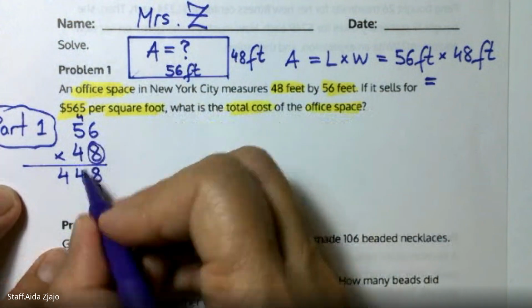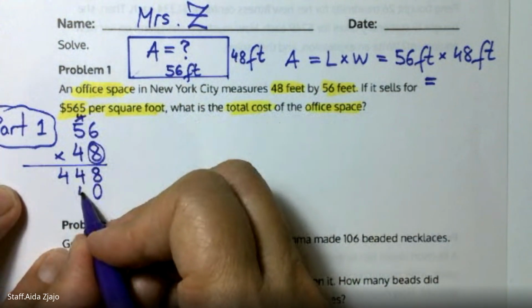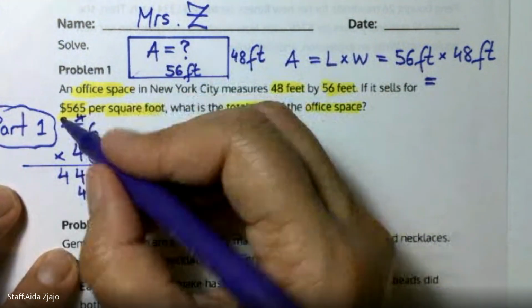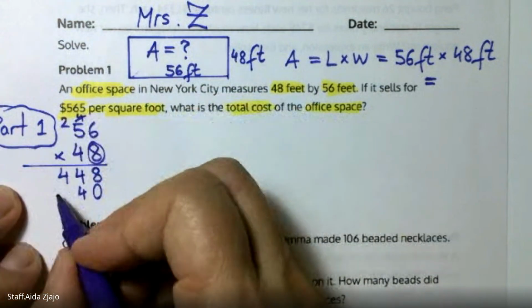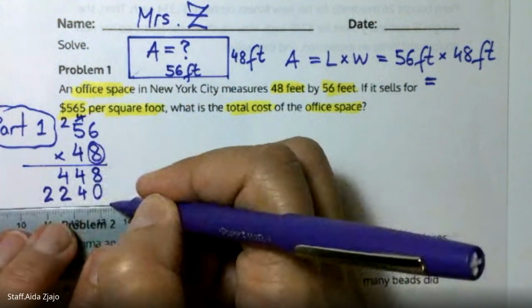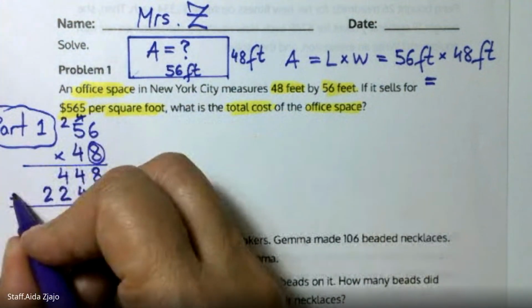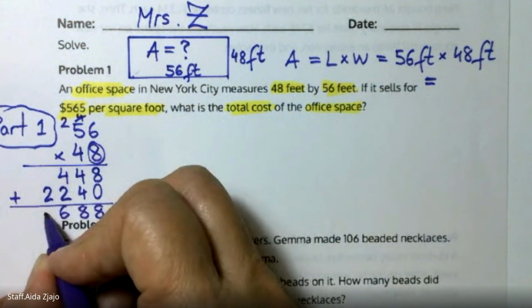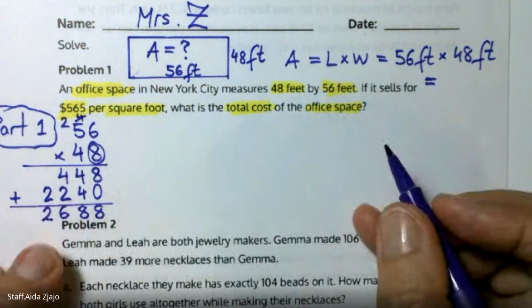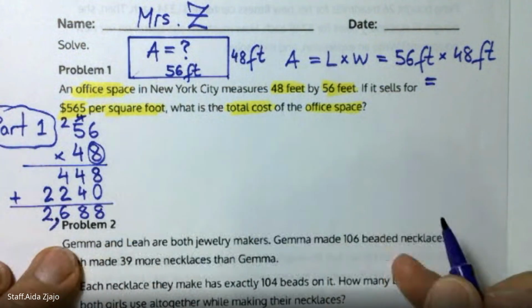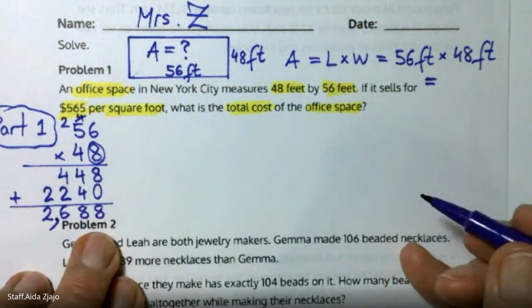4 times 6 is 24. 4, I remember 2. 4 times 5 is 20, plus 2 is 22. So we add those, and that is 8, 8, 6, 2. So 1, 2, 3, that is 2,688 square feet.